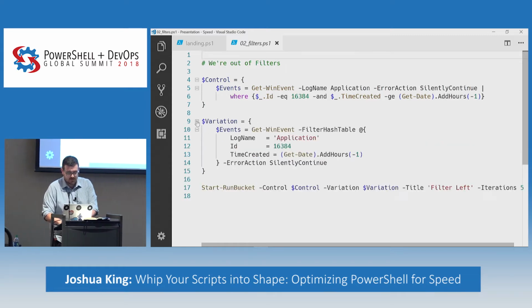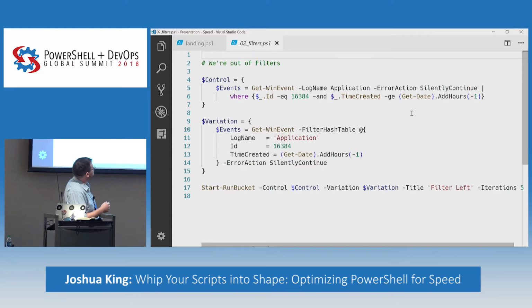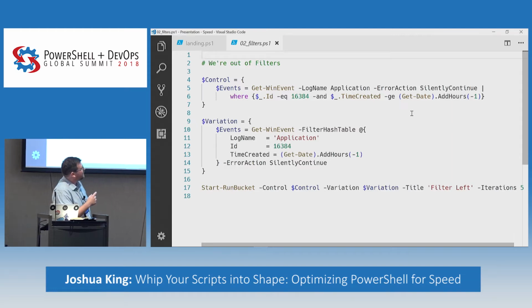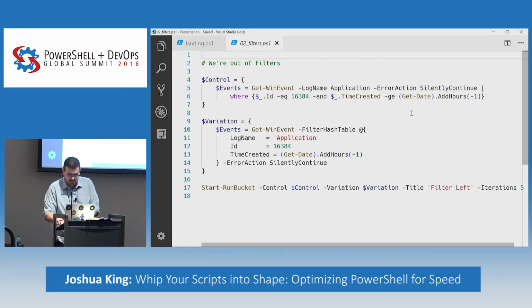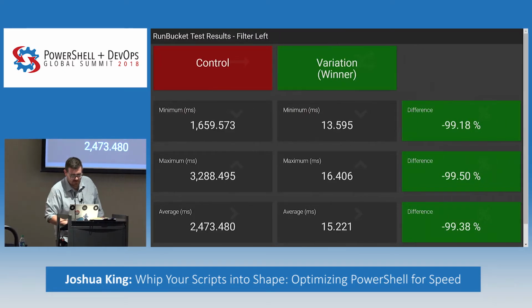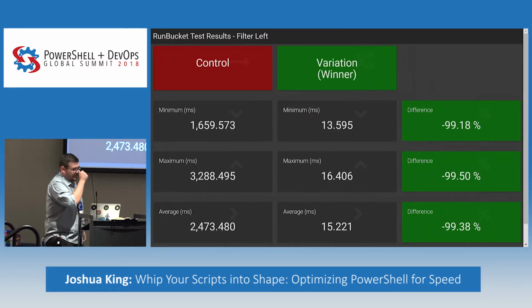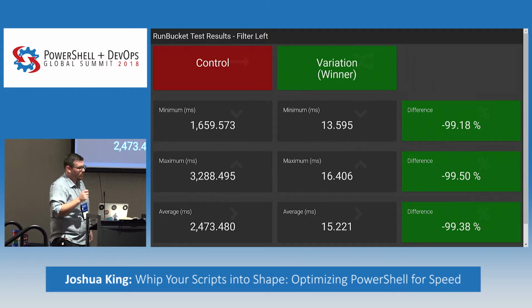but Get-WinEvent lets you filter directly on the commandlet. This, assuming nothing's failed, is probably going to be the one that has the most significant improvement today, I hope. So just by changing that from one pipeline going to Where-Object, we've dropped from 2.5 seconds to 15 milliseconds.